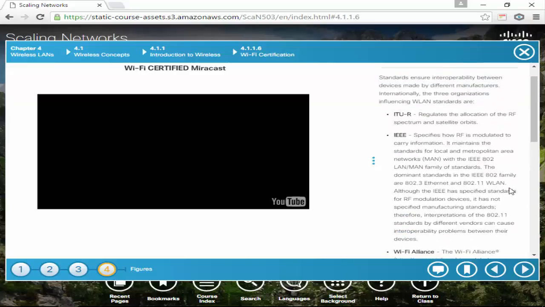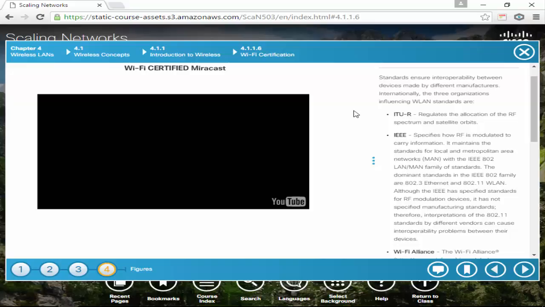Okay, so who came up with the 802.11 standard? The IEEE. It specifies how RF is modulated to carry information and maintains the standards for local and metropolitan area networks. With the IEEE 802 LAN/MAN family of standards, the dominant standards are 802.3 Ethernet and 802.11 wireless LAN.